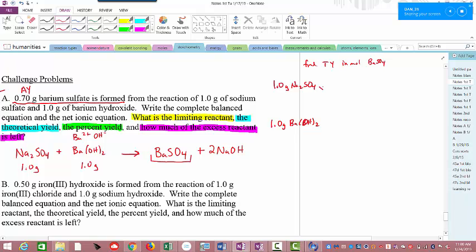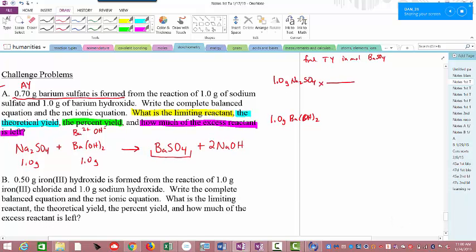Okay? So I need the molar mass of this, 142.05 grams of sodium sulfate per 1 mole of sodium sulfate, and then 1 mole of sodium sulfate to 1 mole of barium sulfate, because everything was a 1-to-1 ratio with the coefficients.